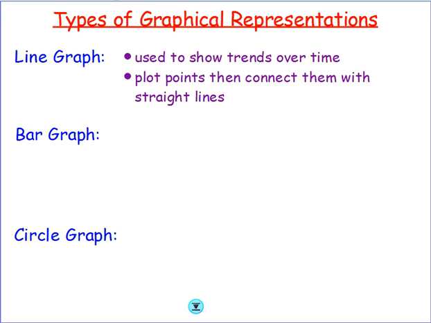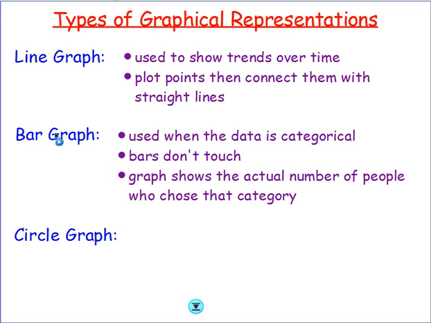The next kind of graph, a bar graph. I'm hoping you guys are very familiar with this as well. Bar graphs are used when data is categorical. Categorical data happens when you ask somebody a question like, what's your favorite color? You're going to gather the data, and of course when you're making your bar graph, the colors will be down below, and how many people like each color is going to be on the y-axis.